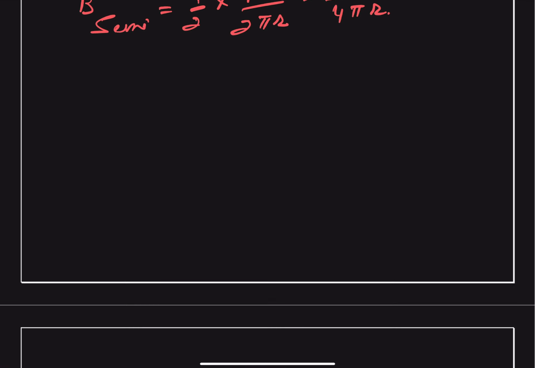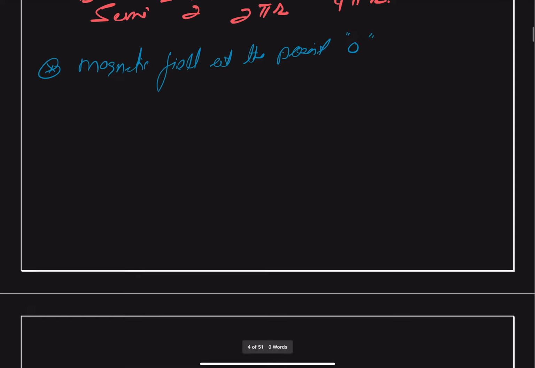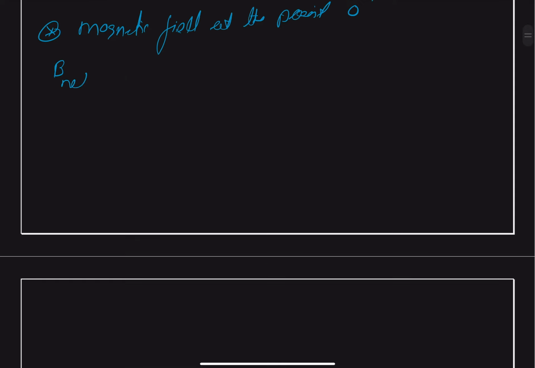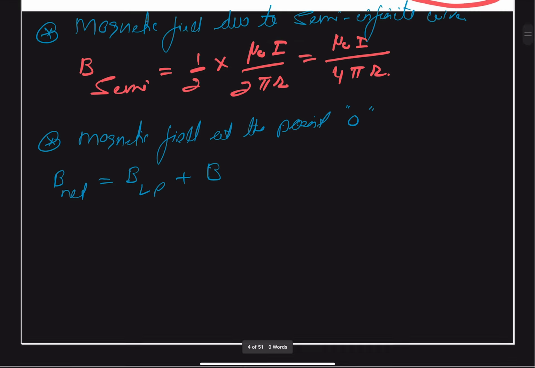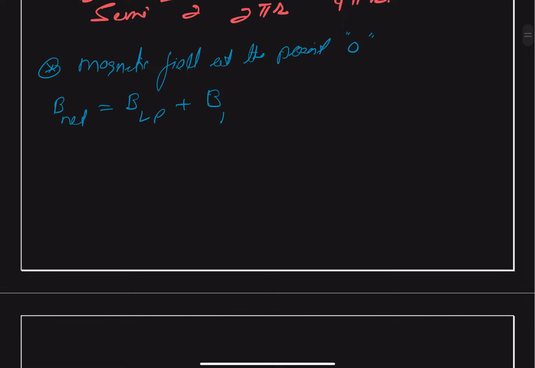So you can say our magnetic field at the point O, that is our B net, will be equal to magnetic field due to LP plus magnetic field due to PS plus magnetic field due to Qn and magnetic field due to Mn.